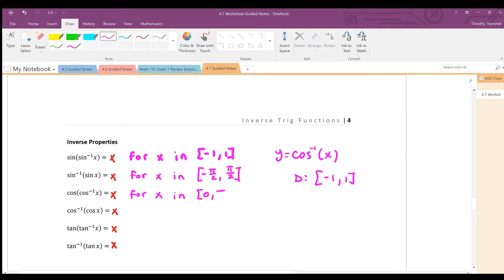One thing I didn't point out about the first one is, if we plug in something between, oh, I wrote 0 and pi. Let me fix this. All right, if we take some number x that's between -1 and 1, cosine inverse will output something that is between 0 and pi.